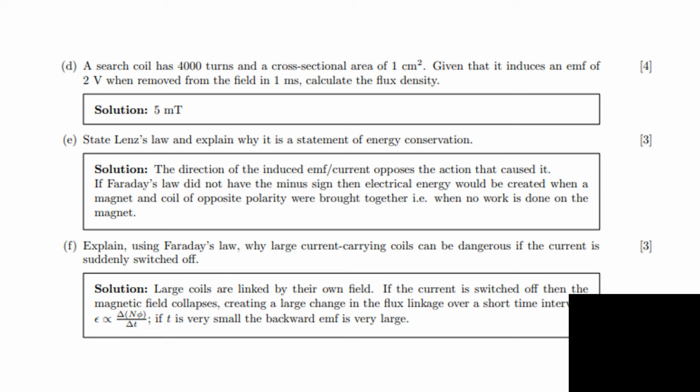Right, a surge coil has 4,000 turns and a cross-sectional area of 1 centimeter squared. Given that it induces an EMF of 2 volts when removed from the field in 1 millisecond, calculate the flux density.